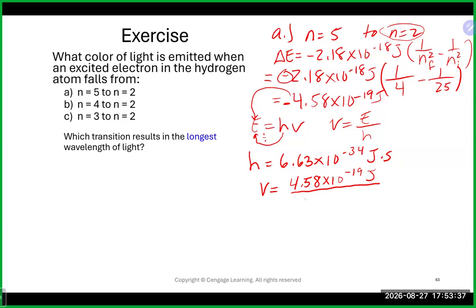We're going to divide it by our 6.63 times 10 to the minus 34 joules times seconds. In this case, our joules cancel, which leaves us reciprocal seconds.